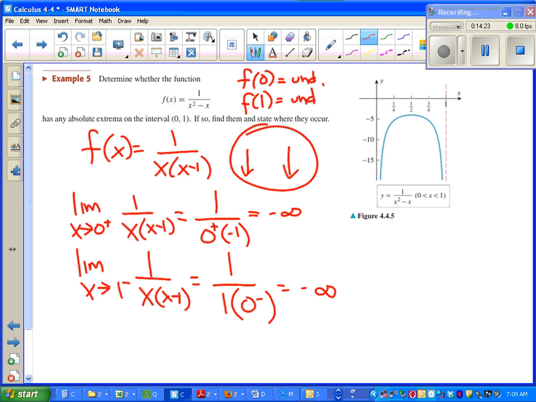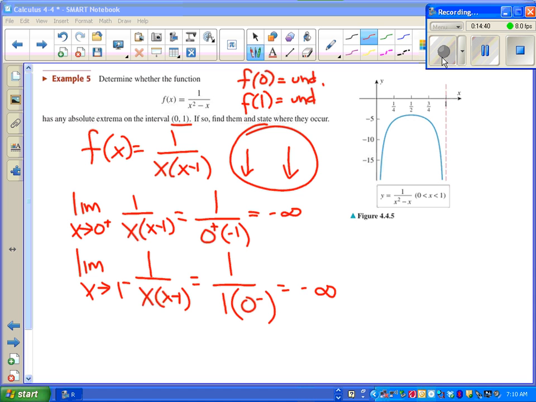So let's put that on another page and on your own try finding the critical numbers of this function and finding out where that maximum occurs. Remember, you only care about numbers between 0 and 1.